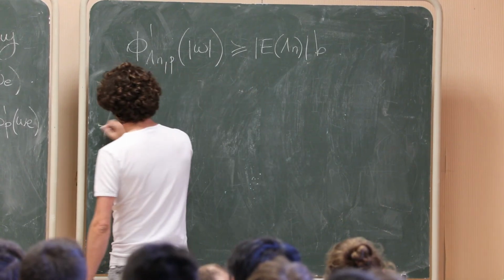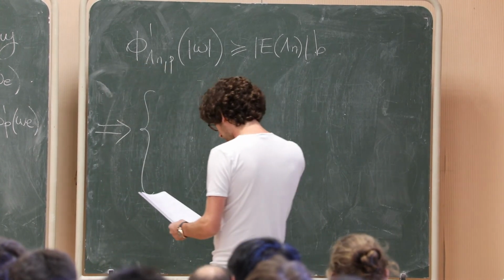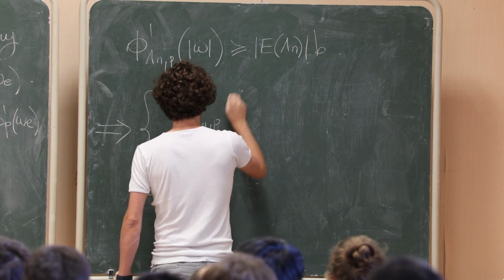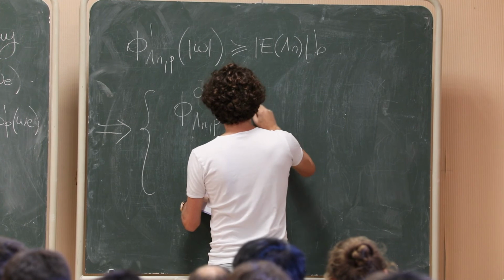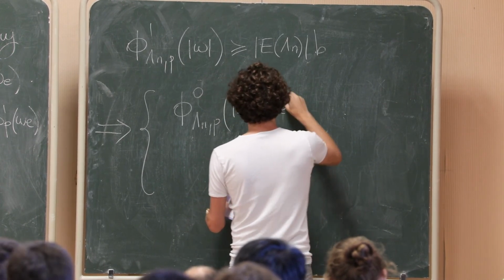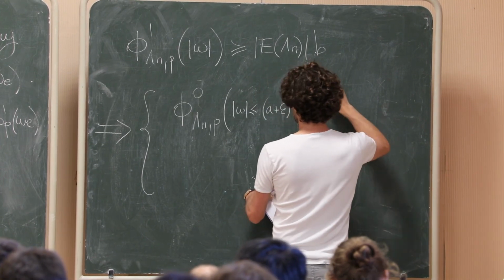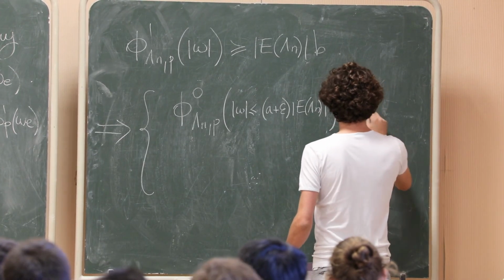These are two trivial observations. But notice that they imply the following thing. They imply that the probability that you have fewer than A plus epsilon times E of lambda n open edges in my box is larger or equal to epsilon.